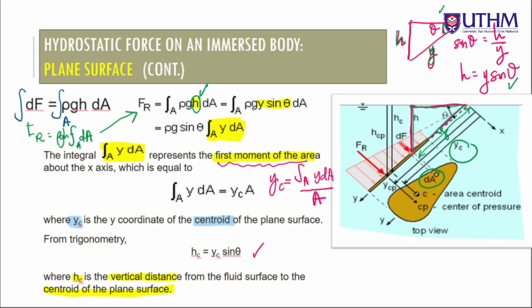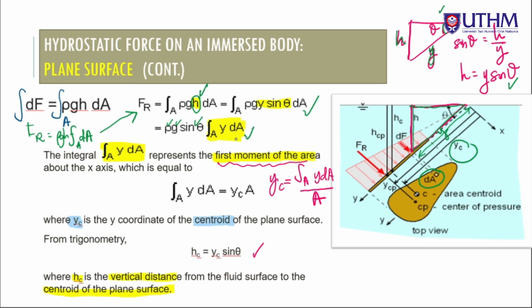So we will get the integration of rho G Y sin theta dA. Since rho G and sin theta are constant, the value does not change at every point on the plane surface, we take them out and then integrate y dA.